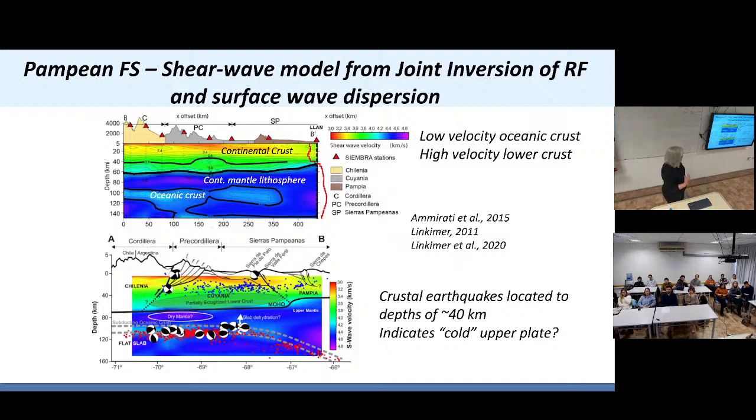So to us working in the US, these are really deep crustal events, and it has to be pretty cold to get all those. And then most of the work we've done shows that the lower crust has fairly high seismic velocities. And in fact, some of the modeling shows that it's partially eclogitized.